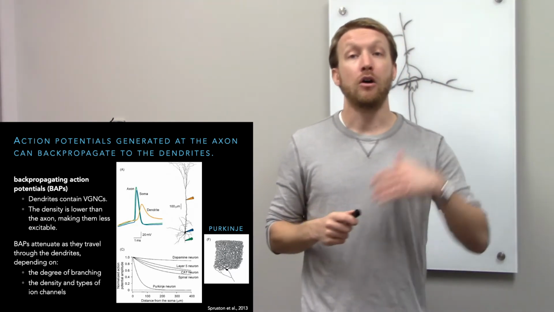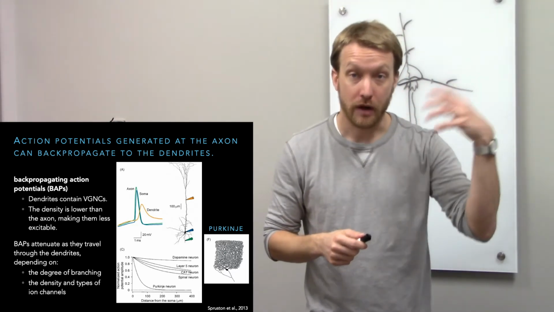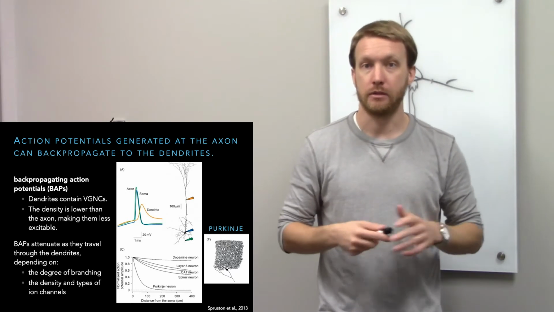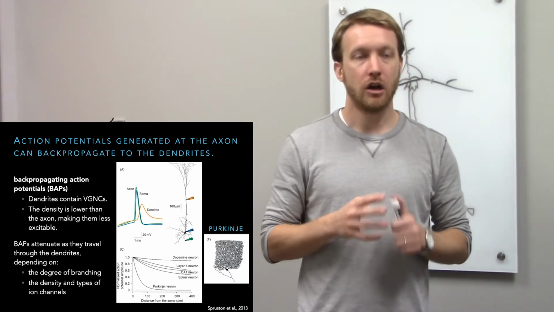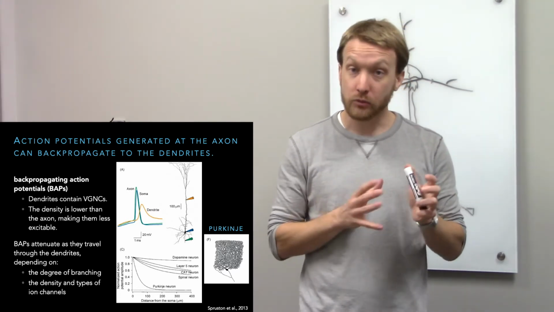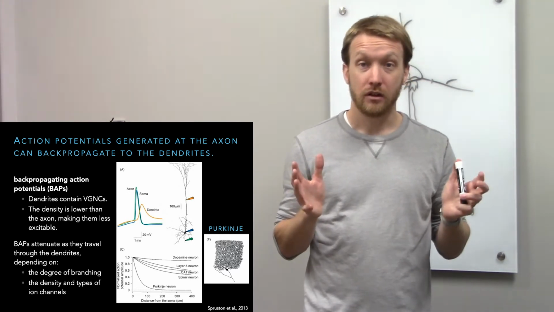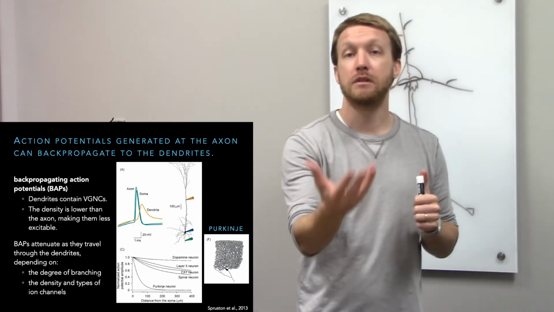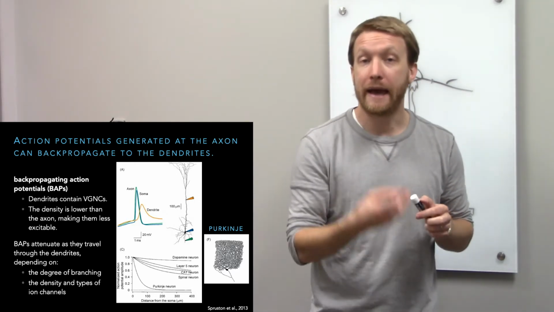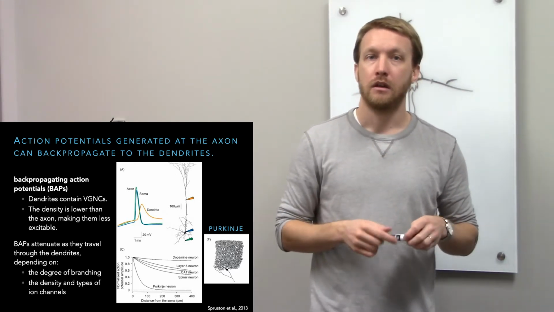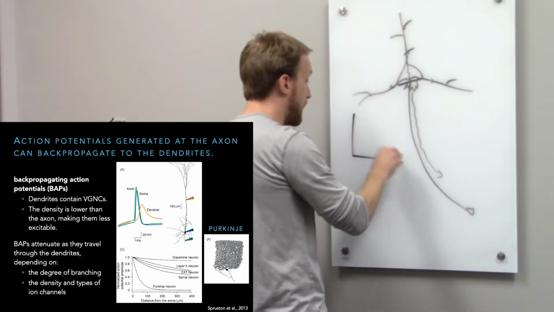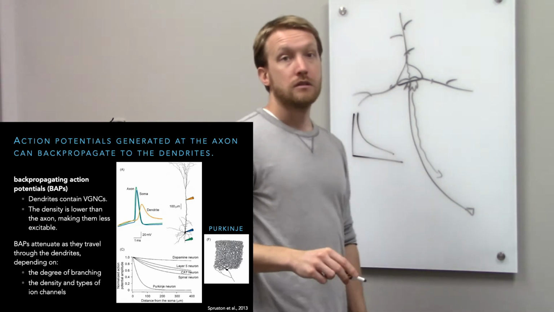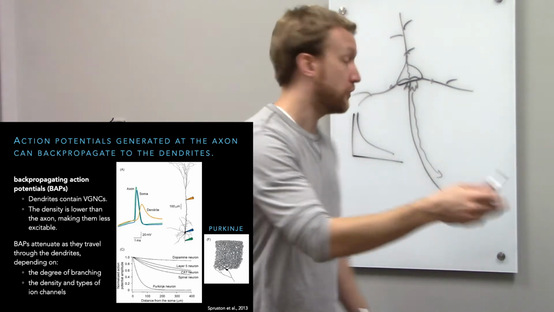Now, how well that action potential back propagates depends on how much branching there is. Take a look at that Purkinje cell there. Tons of branching, and at every branch point we're splitting the charge in half. So our ability to then stimulate the next round of active conductances drops. And so you'll notice the Purkinje neuron has a fairly rapid drop in the amplitude as you move away from the soma.